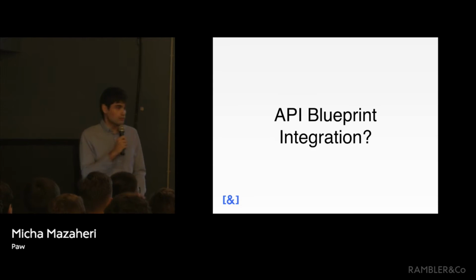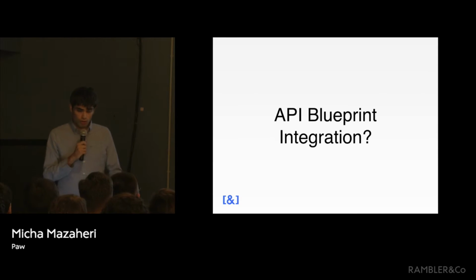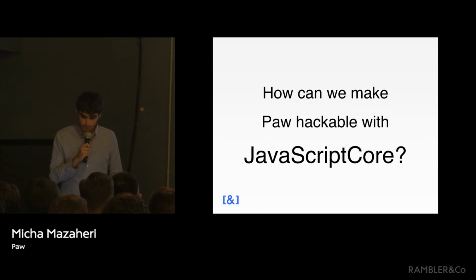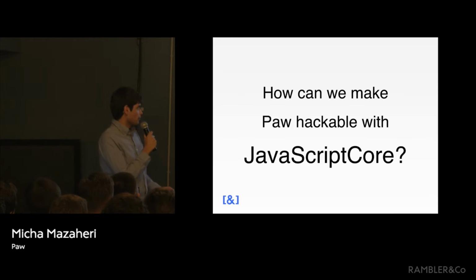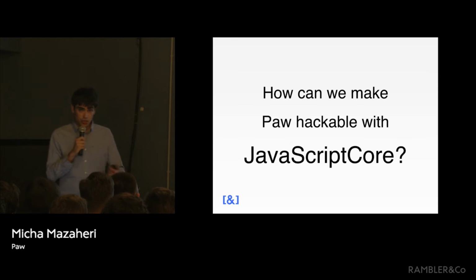So we had the choice of either building it ourselves every time something new came, or exposing an API so we could tell people, here is our API, here is the documentation, you can build it yourself, and we will help you, but you can use the API we expose. So that's why today I want to show you how you can make your app, and how we have made POW, a hackable tool using JavaScript core.